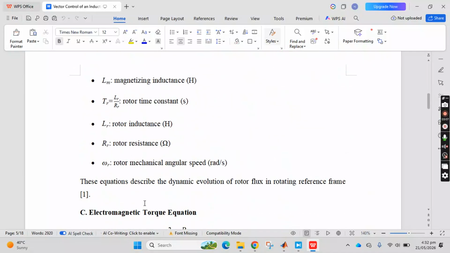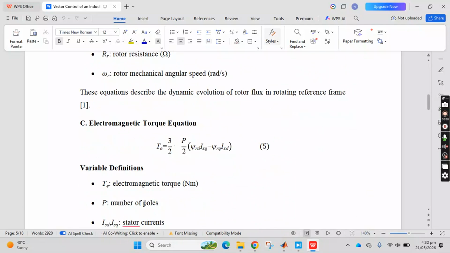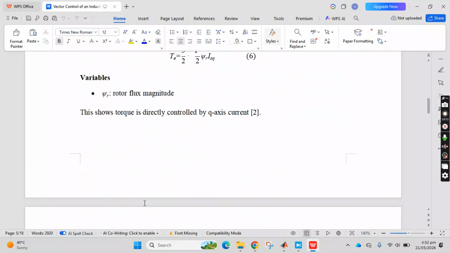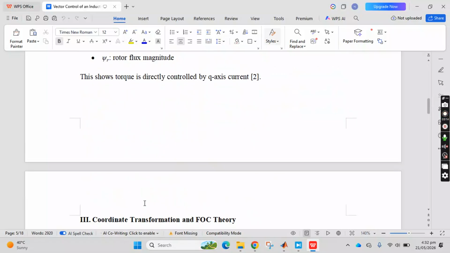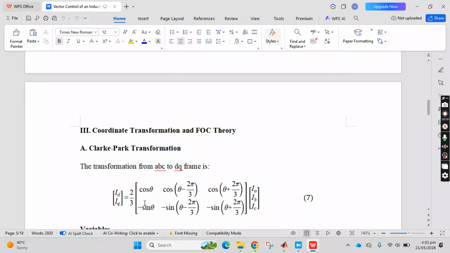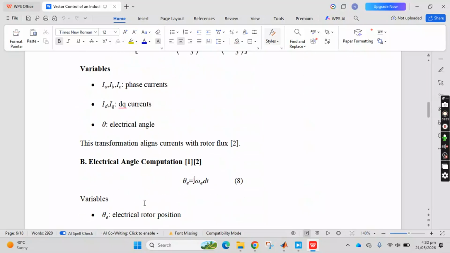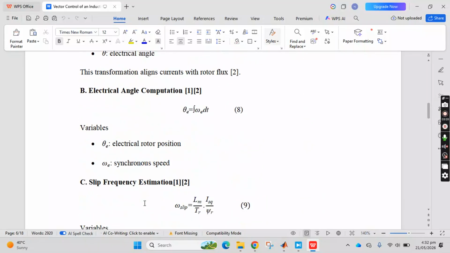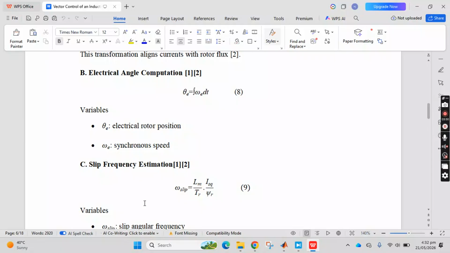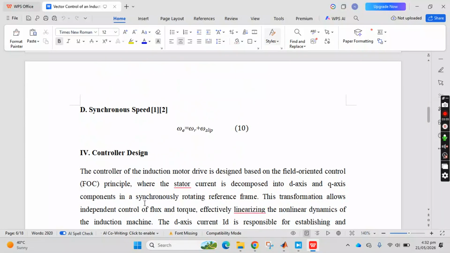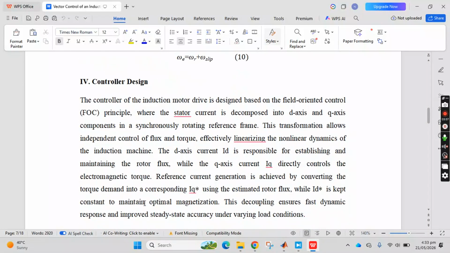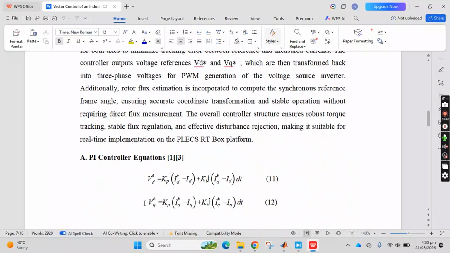Okay, system architecture. These are the equations for the system architecture, with the state equations of the rotor flux dynamics, and then we have added the electromagnetic torque equations with their variables, as well as the field orientation, then coordinate transformation and FOC theory, and the Clarke-Park transformation as well as the electrical angle computation. Then the slip frequency equations, the synchronization of speed, and the controller design.